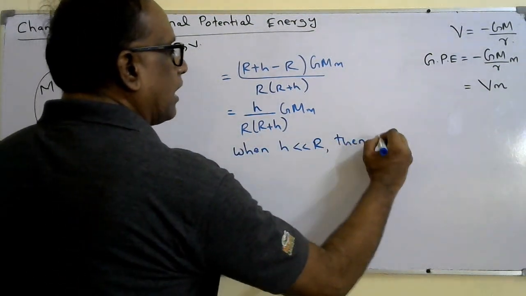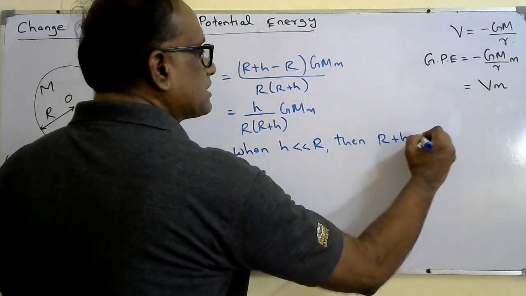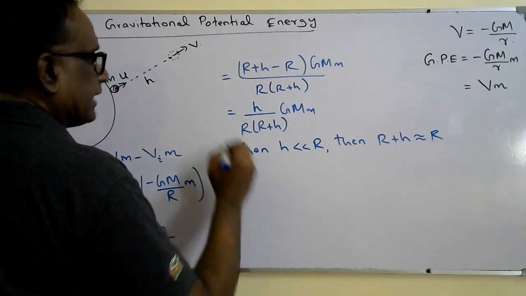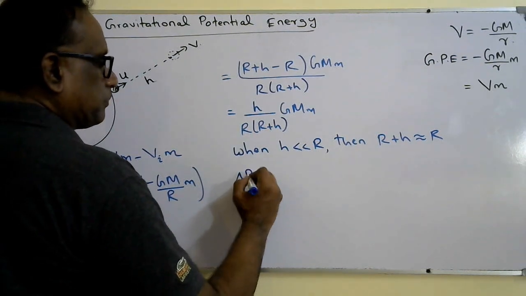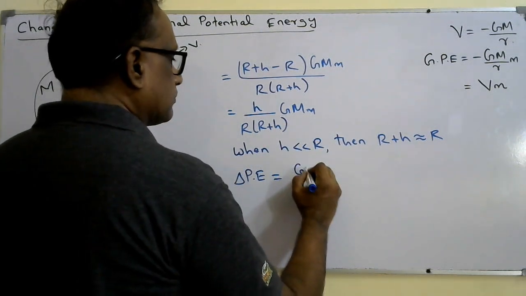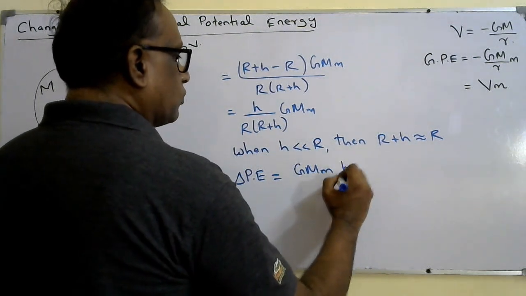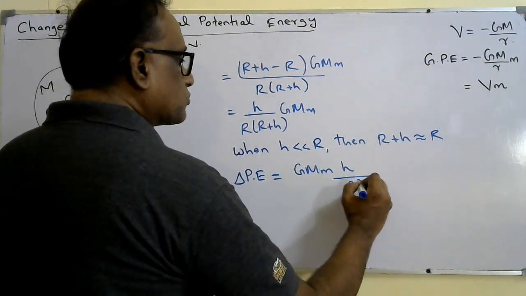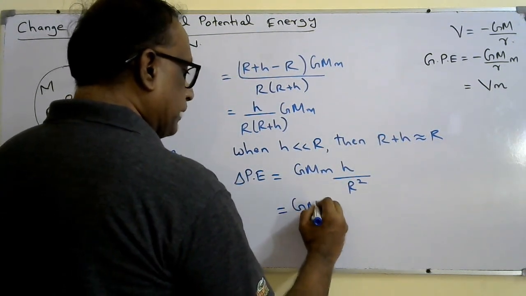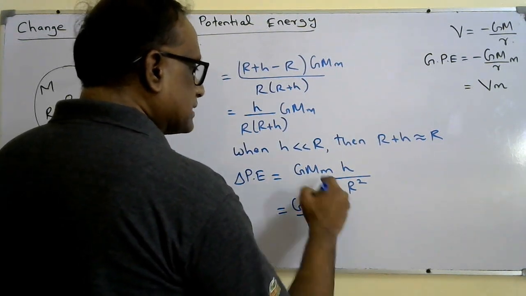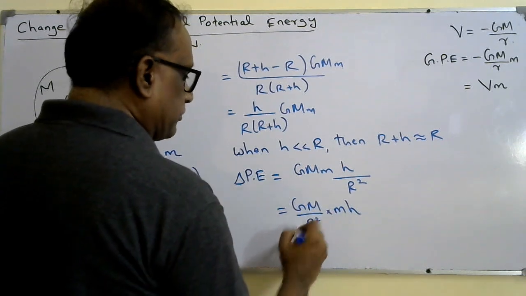So if I use that in the equation, the change in gravitational potential energy is GMm h over r plus h, which is almost r, so it's going to be r squared. So that's going to be GM over r squared times m, this m again, into h. GM over r squared is g, so mgh.